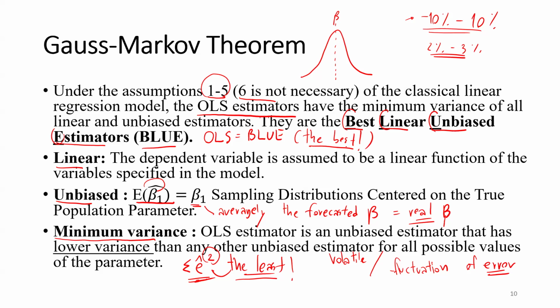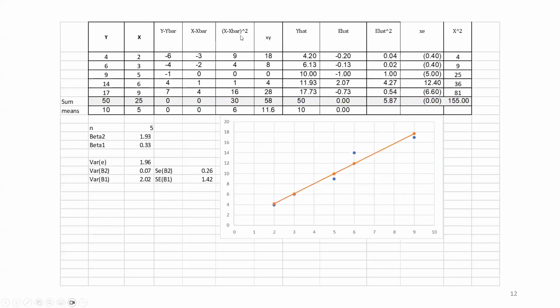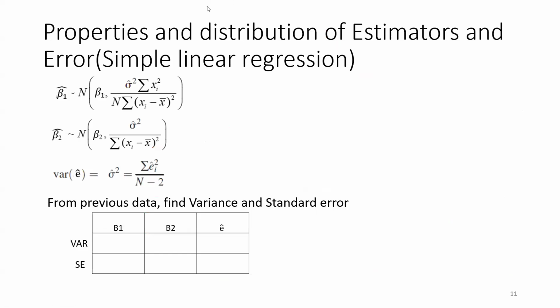Okay, and why is it important? After you get sigma error hat square, which they claim is the lowest value, the least error square, this is the variance of error.